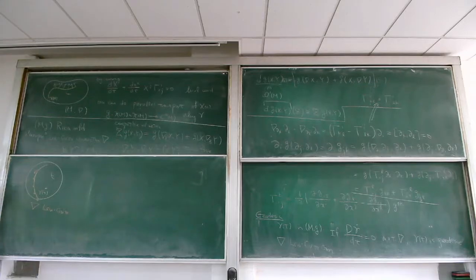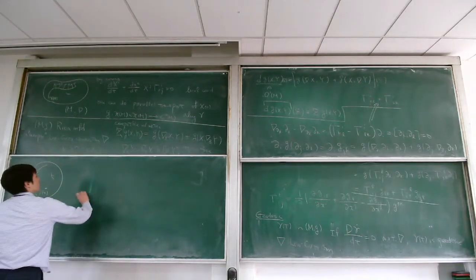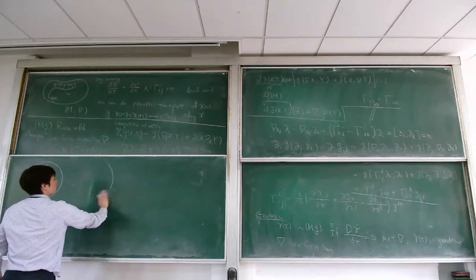The tangent vector of gamma is parallel transported with respect to this Levi-Civita connection. If this is the case, this gamma is called the geodesic.